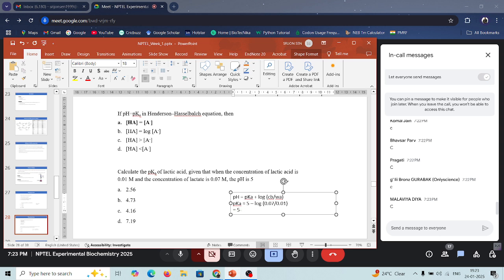Minus something like 0.84, which equals 4.16.